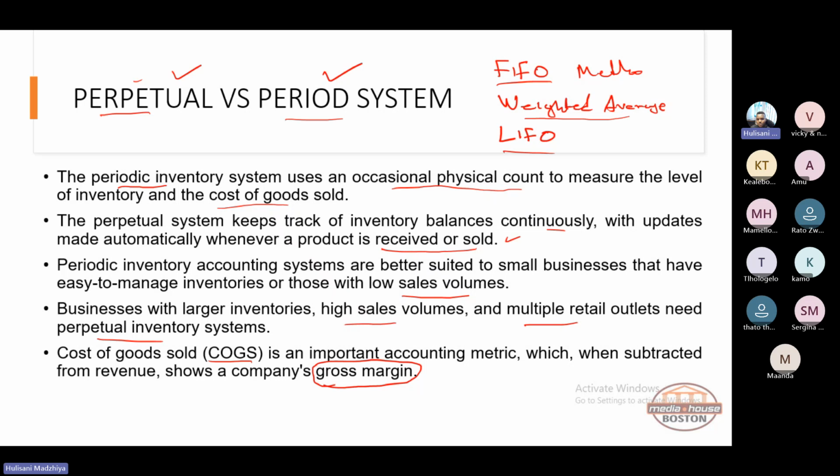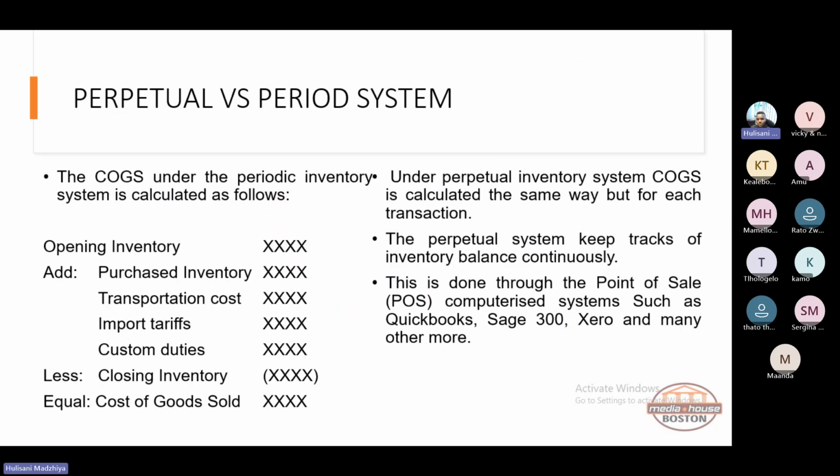So this now brings us to calculating our inventory. We're calculating our cost of goods sold under the periodic and perpetual inventory systems. The cost of sales under the periodic inventory system is calculated as follows. This is mostly for those who are in manufacturing, and then there are those in retail.